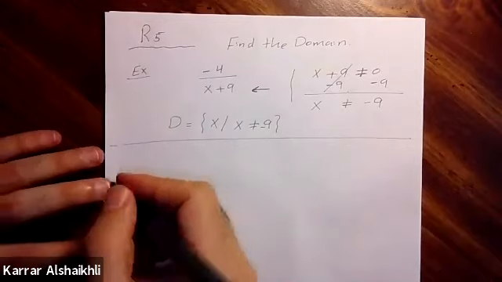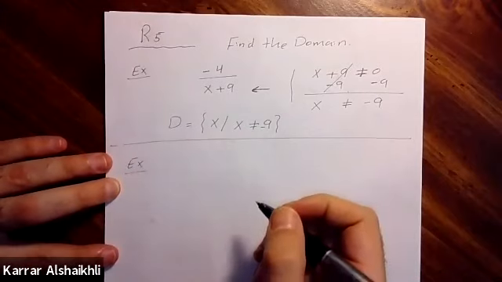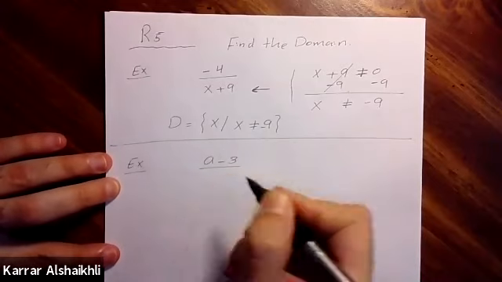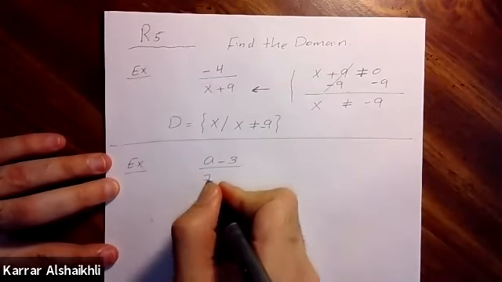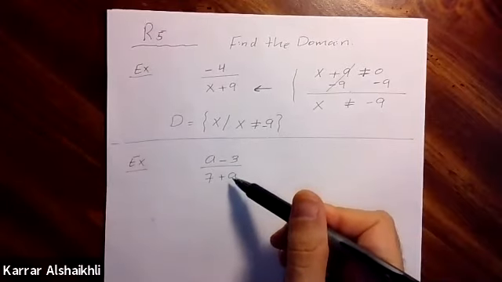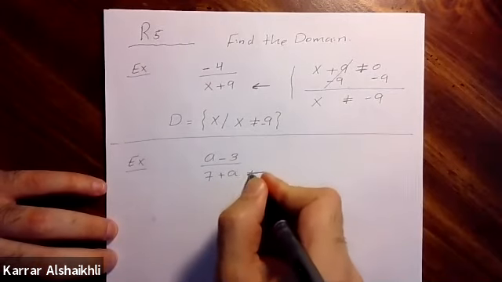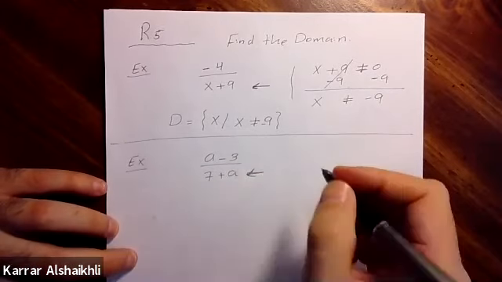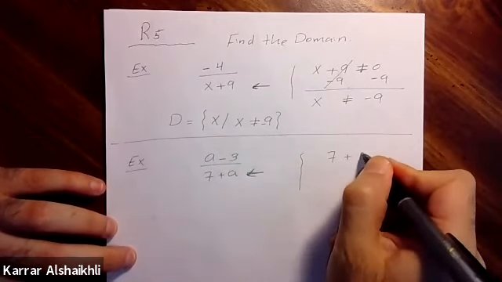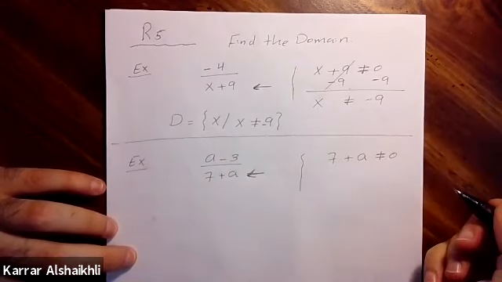Here's another example where we're going to do the same thing. If they ask you to find the domain for a minus 3 over 7 plus a, you see now the variable is a, not x. That means we're going to do exactly the same thing. We find the domain by taking only the bottom part. So on the side, I'm going to say 7 plus a not equal to 0.